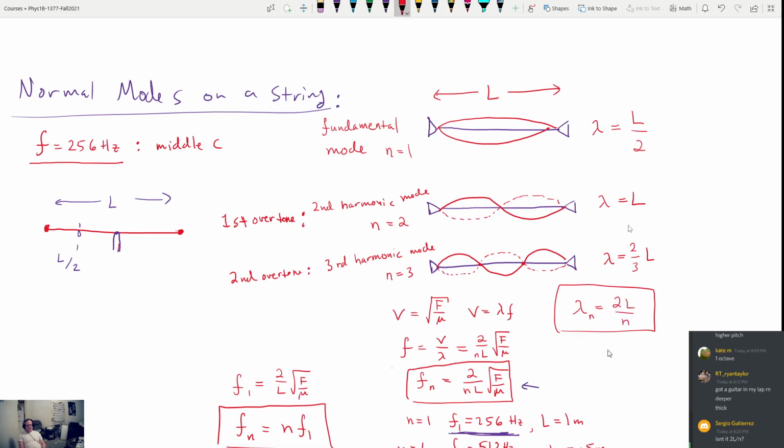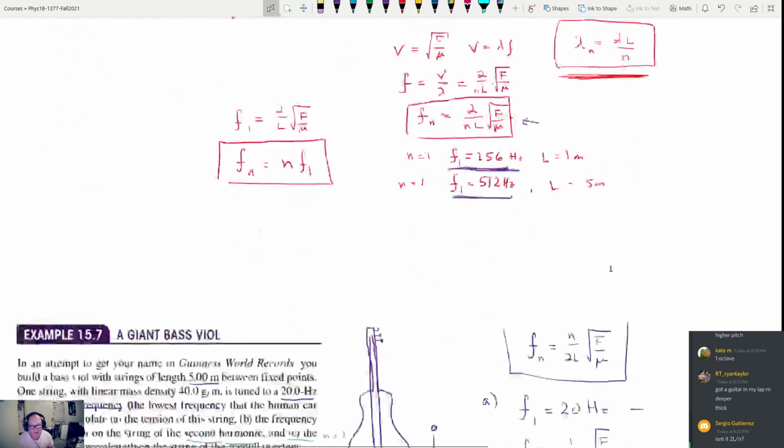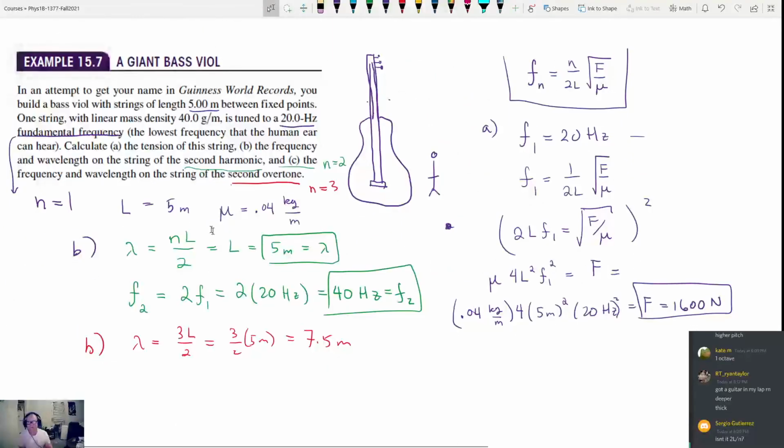The funny thing is, I fixed it here, or here. I don't know how I did that. All the rest of the stuff is right. This was the one that was wrong. Sorry about that.